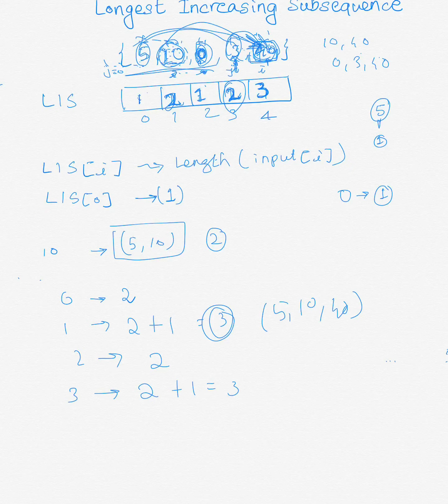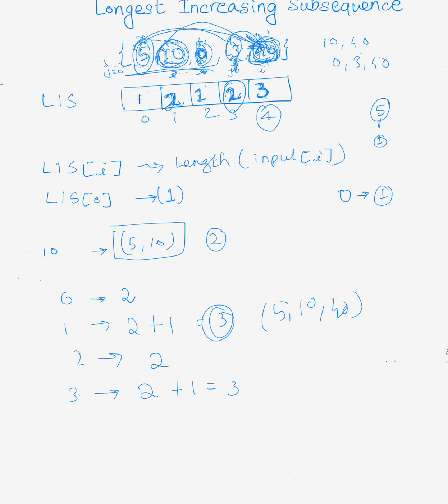So just to recap quickly, at LIS of 0 we have saved the length of the longest increasing subsequence which ends with 5. At LIS of 2 we have saved the length of the longest increasing subsequence that ends with 10, and at the last element, at LIS of 4 we have saved the length of the longest increasing subsequence that ends with 40, which is 3.